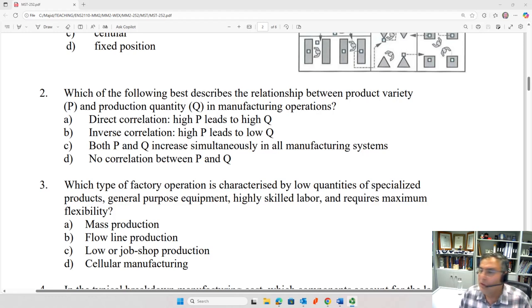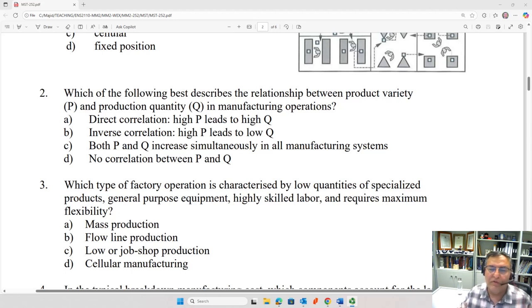This is not the case for flow line production. Again, the volume of production is significant. And also, this is not the case for cellular manufacturing. We are in need of flexibility, and the other properties listed in this question for C, which is a low or job shop production.